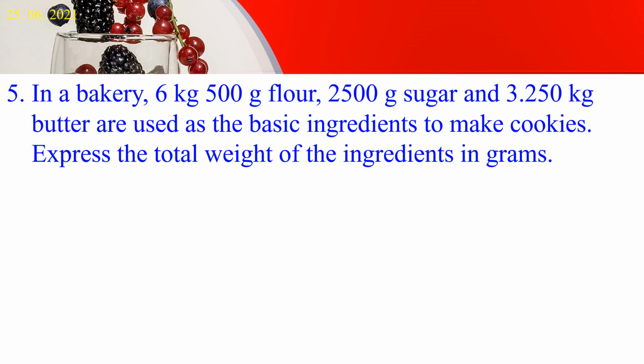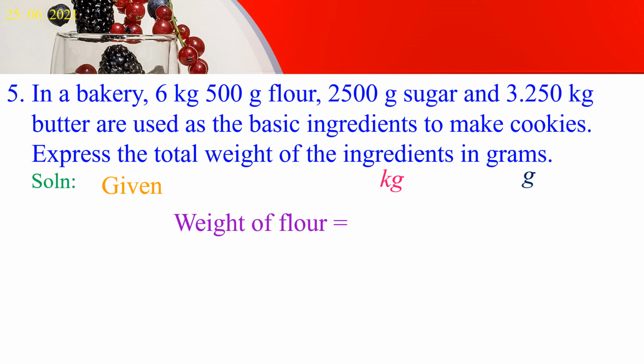In a bakery, 6 kg 500 gram flour, 2500 gram sugar and 3.250 kilogram butter are used as the basic ingredients to make cookies. Express the total weight of the ingredients in grams. Let us move on to the solution. First let us arrange kilogram and gram separately.